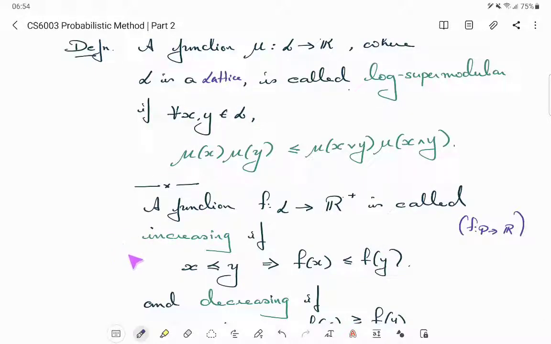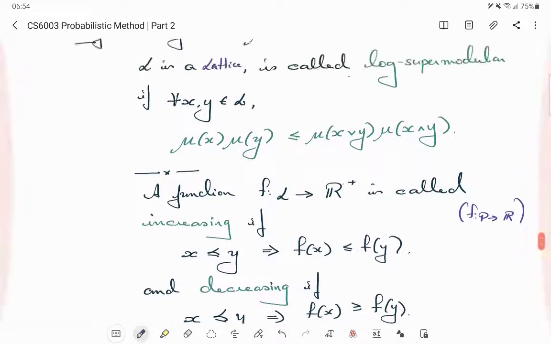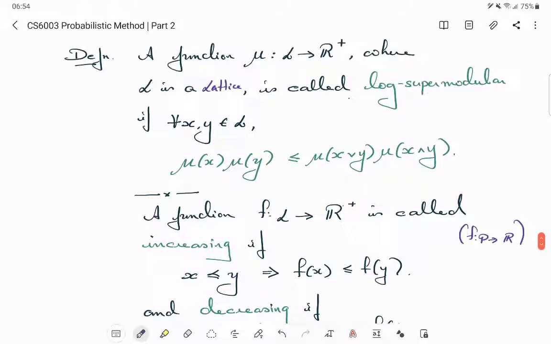The more appropriate name would have been non-decreasing, but we already have a long name up here, so let's not have another one. Increasing just means weakly increasing. Similarly, decreasing means that if x precedes y, then f(x) is greater than or equal to f(y). These are the three terminologies we will need to state the four functions theorem.